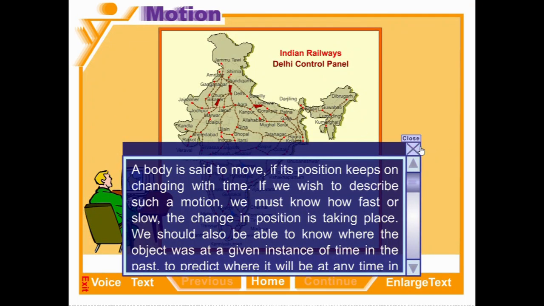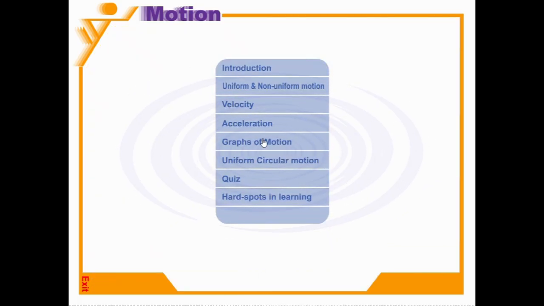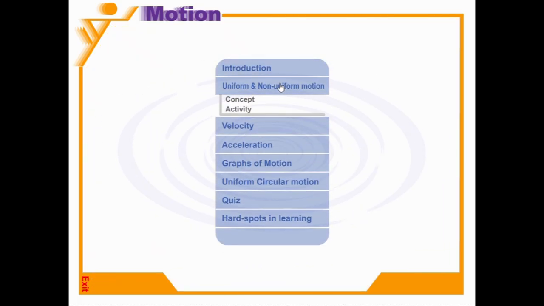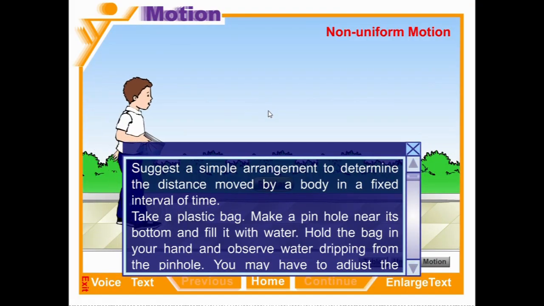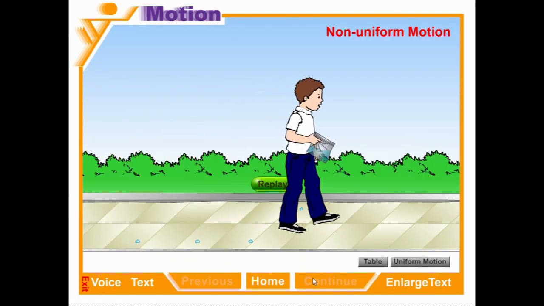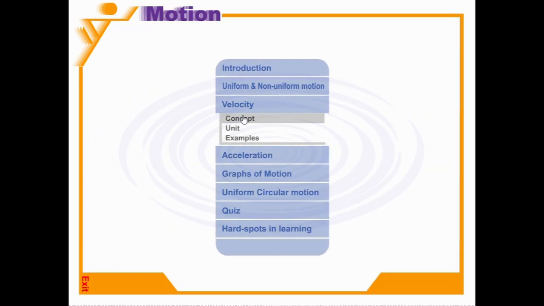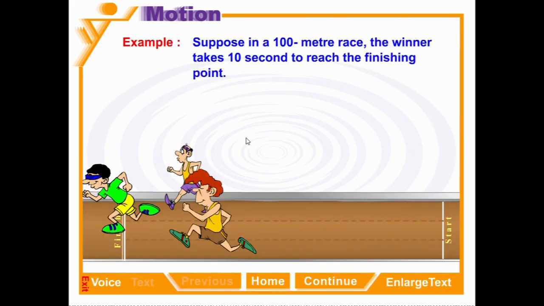Uniform and non-uniform motion. Activity. Examples.